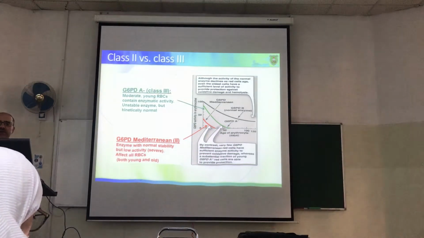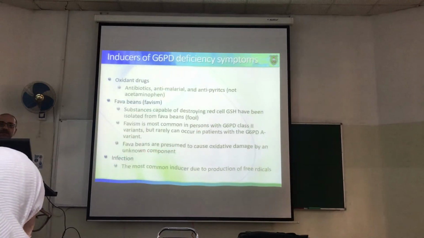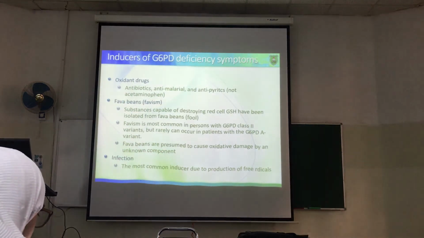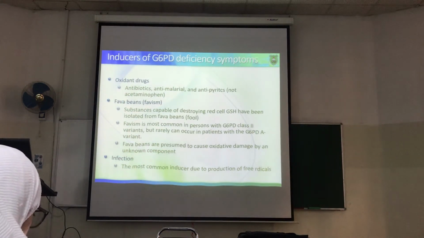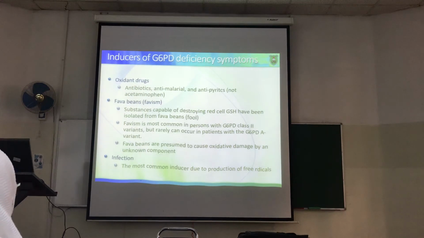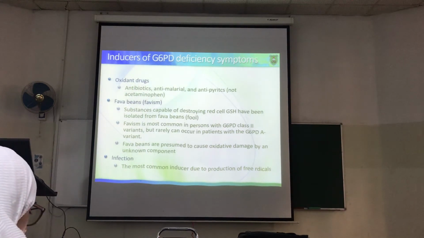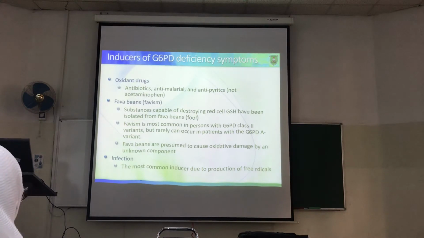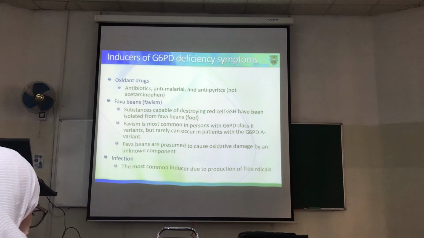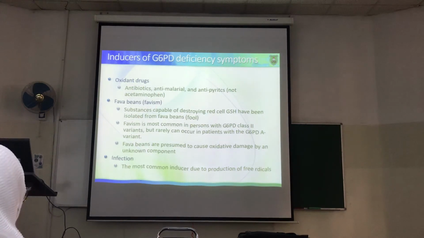Now, there is something important about G6PD deficiency that you really have to know: it can get worse under certain conditions. One, if certain drugs are taken by these individuals, such as anti-malarials, antibiotics, antipyretics.